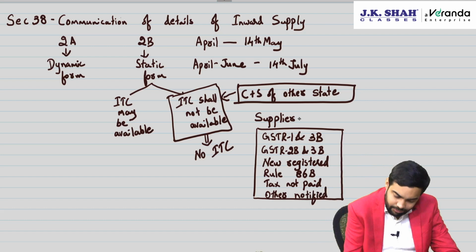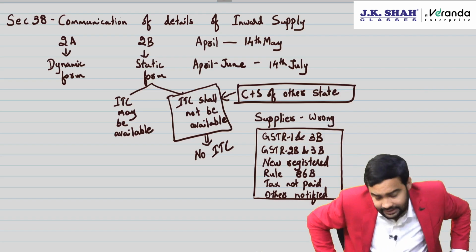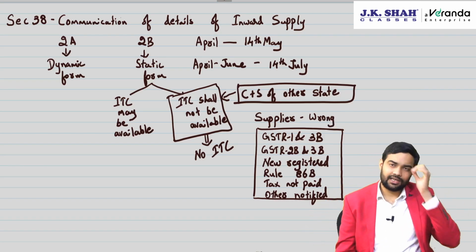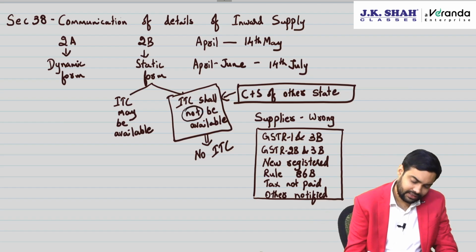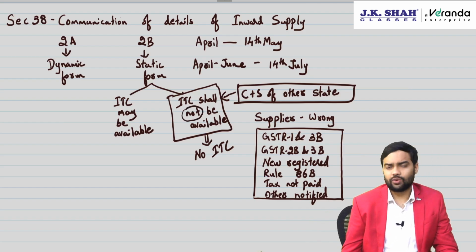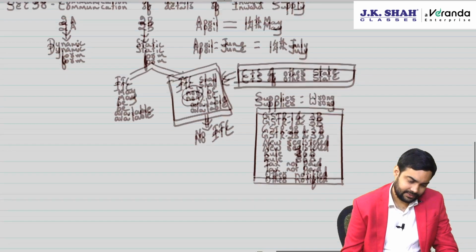So if my supplier does wrong, then his invoice will come in GSTR 2B in not available, and I will not get ITC. At present it is not activated, so you can only get a theory question. Other than that, you cannot get anything in this.